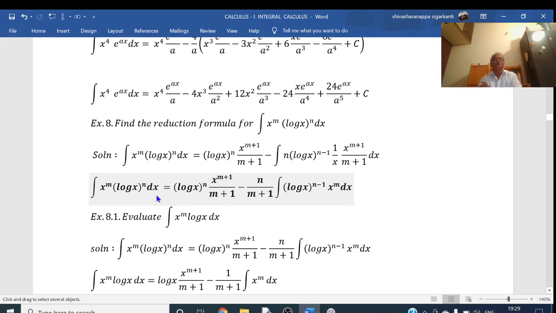So here the power of x remains as it is, but we are reducing the power of log x. Log x to the power of n was there. We have reduced it to the power of n minus 1. So that means after n times using this reduction formula, this becomes 1 and we can integrate the second term.